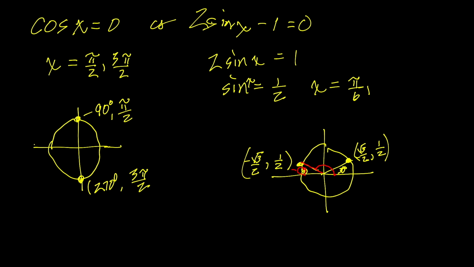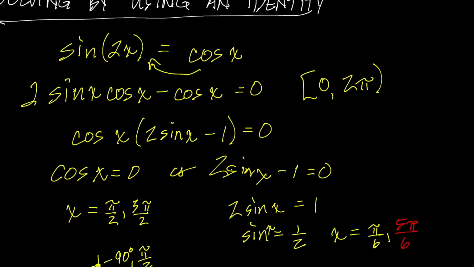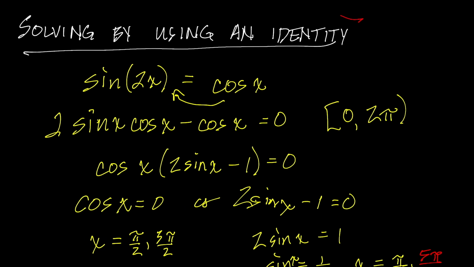So the actual angle, the red angle, is 5, oops, I wrote 5/6 instead of 5 pi over 6. So there is another equation, and again, keep in mind there's always going to be a little bit of a wrinkle. So you're either going to have to factor or use an identity or a combination of both, like on that first example. So there's the end of example 2.